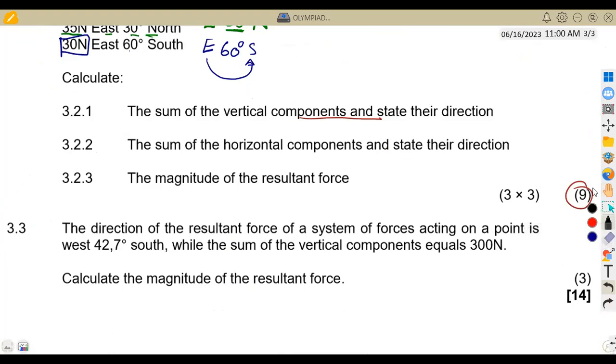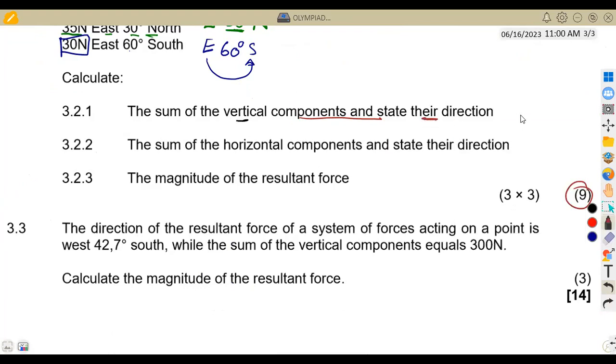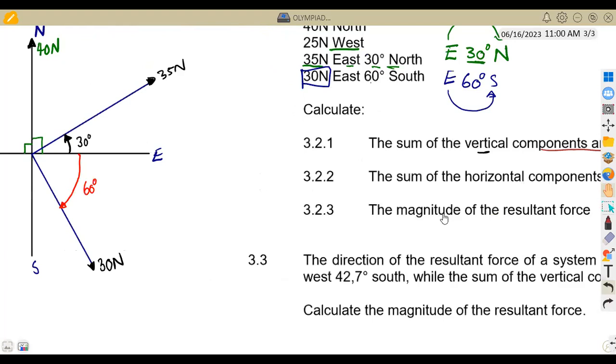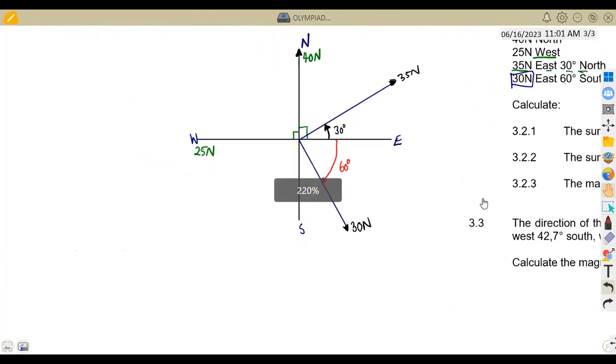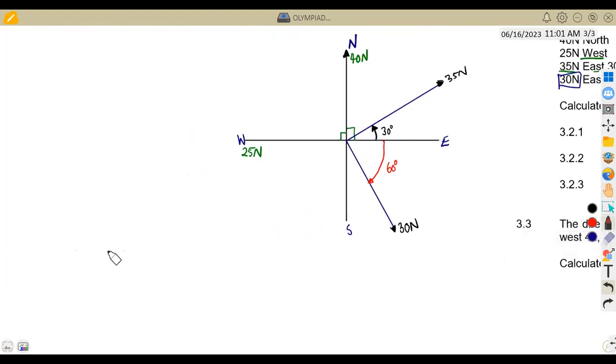Take note, we are working with the vertical components in this case, and to state their direction. Remembering that the vertical components are the ones which carry sign. These are the ones which use the sine of theta as long as it is taken directly from the force that you are given. So we are going to start with 3.21. Remember, I said vertical components, that's like this. That's a vertical component.